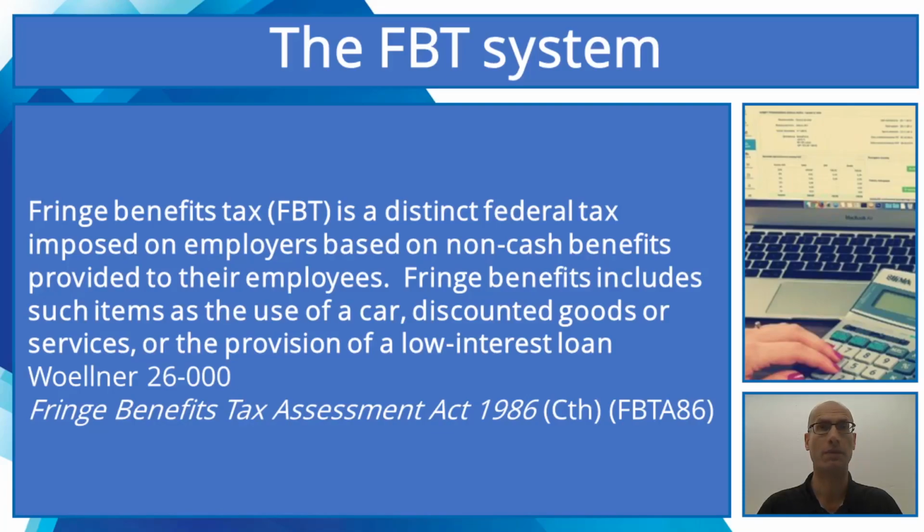And so, as a result, in the mid-1980s, the federal government introduced a piece of legislation in order to really shift the incentives of employers away from giving these non-cash forms of remuneration to employees.